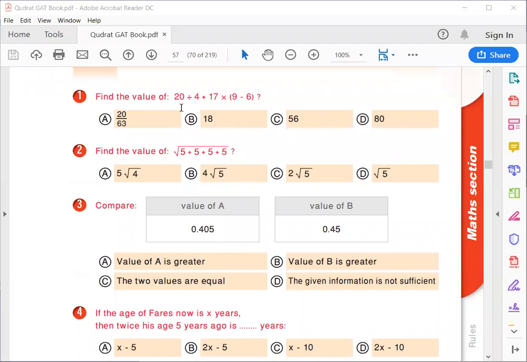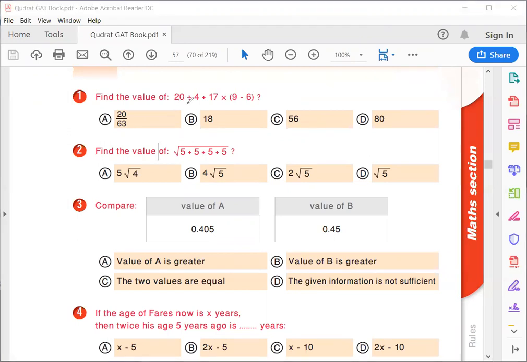First, you start with the brackets, then multiplication and division, then addition and subtraction. Here we have 20 divided by 4.